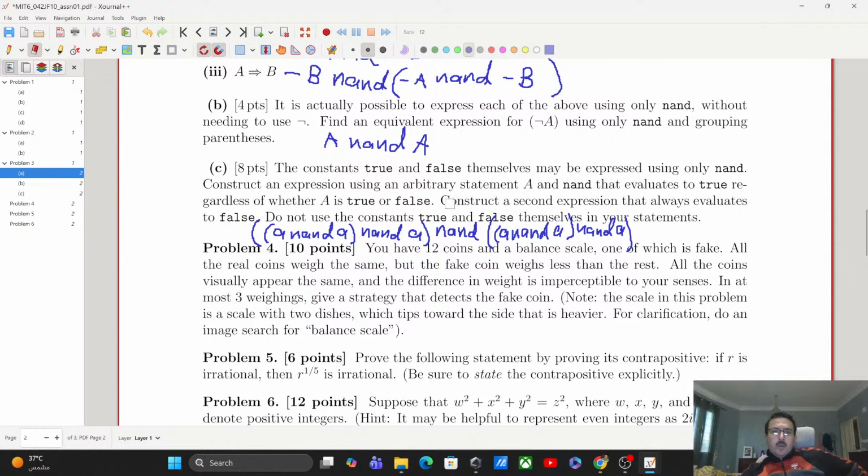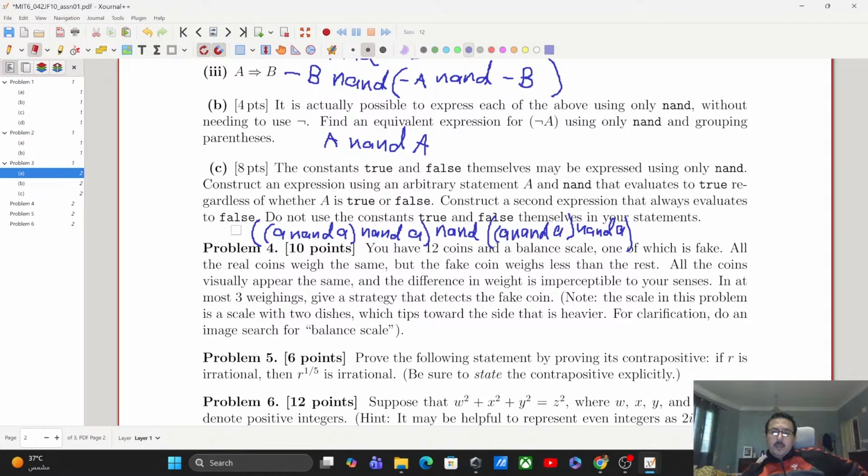Once again, zero is to false. Stands results in your statements. Okay. Always evaluate to false. It has to be true and true.